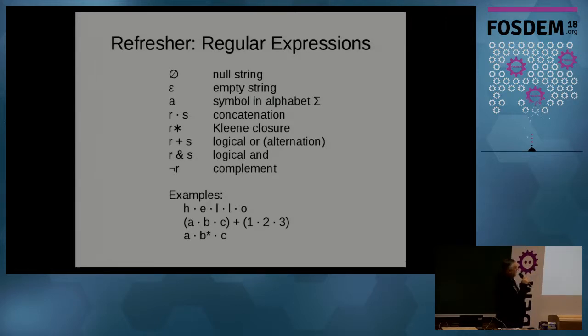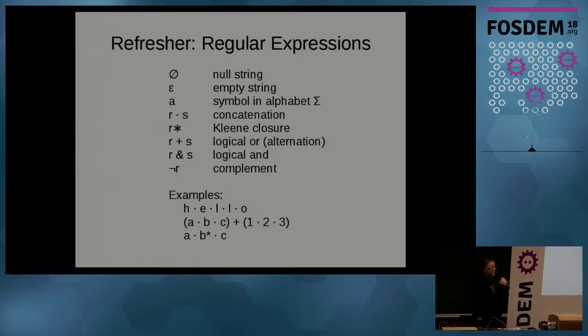You've got concatenation, two letters together. You've got the star operator, 0 or more things. You've got logical OR, which in POSIX regular expressions is the pipe, but here we'll use a plus. And in this particular setup, we also have and and not. As it turns out, they're kind of handy to have.